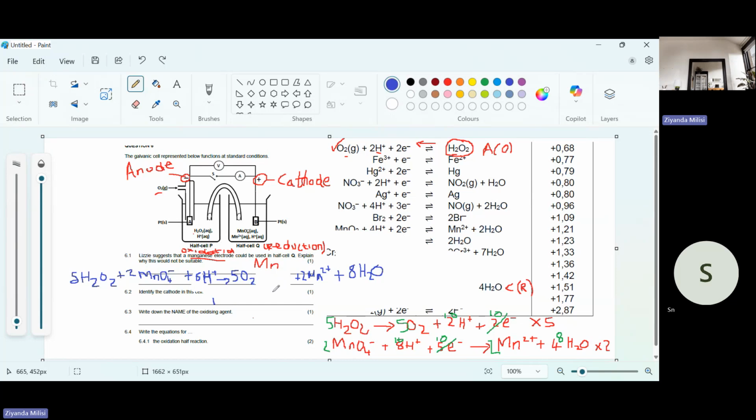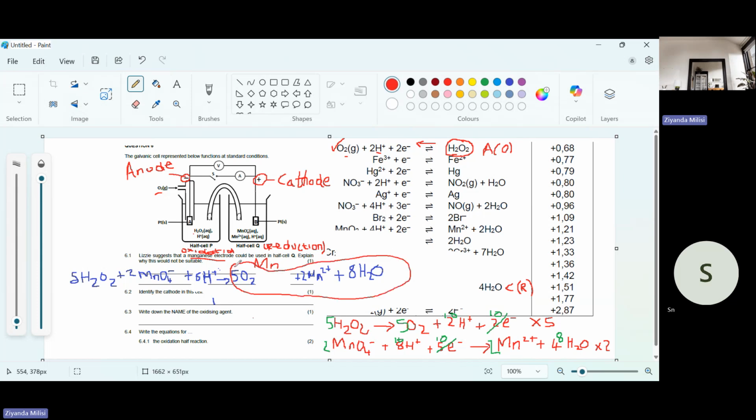So this is your overall reaction, okay? So your oxidizing agent, it's one of these. It's among the reactants. The products can't be oxidizing agents.